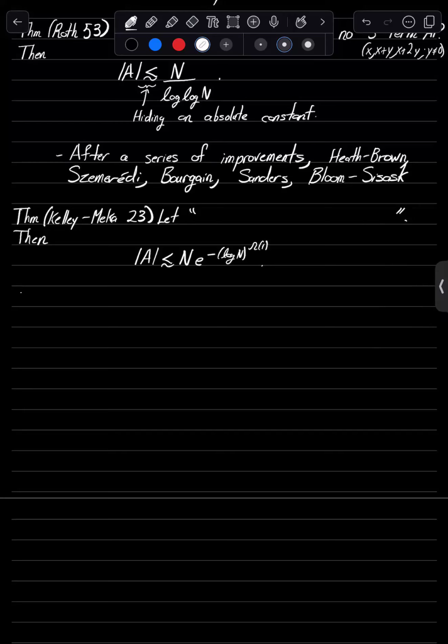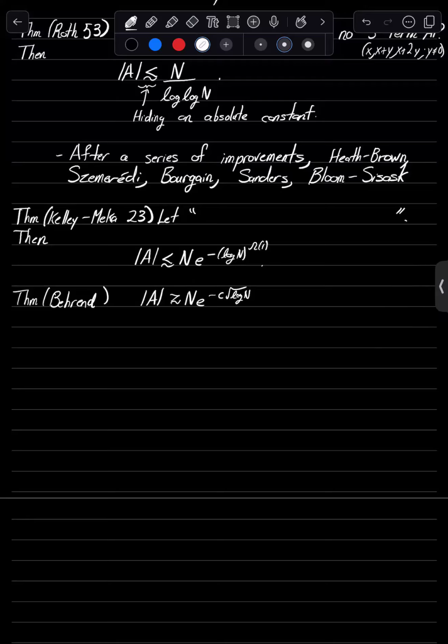And the reason this is remarkable is that there's a theorem due to Behrend, which says that there exists A with no three-term arithmetic progression such that the size of A is bounded below by n times e to the minus c square root log n. So you can't hope to save a power of n, but you can hope to save this quasi-polynomial amount.